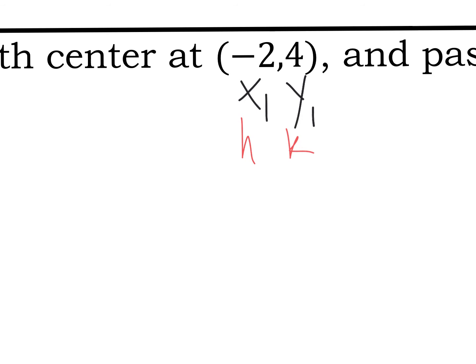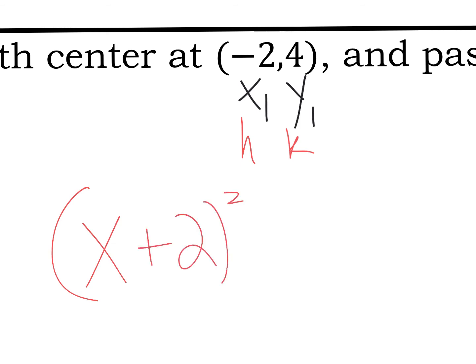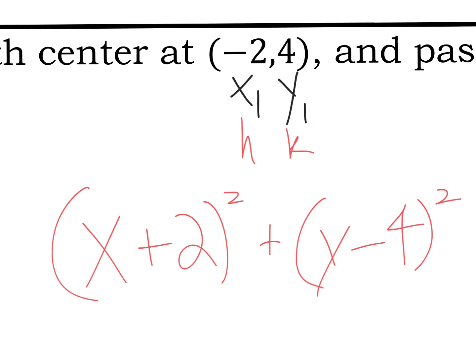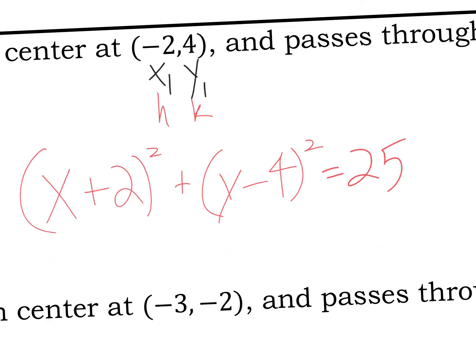So my equation will be x minus negative 2, or just like I said, flip the sign, x plus 2 squared, plus, and then flip the sign, y minus 4 squared, and then that's going to equal 5 squared, and 5 squared is, of course, 25. So, there you go. I'll do one more example just like that.